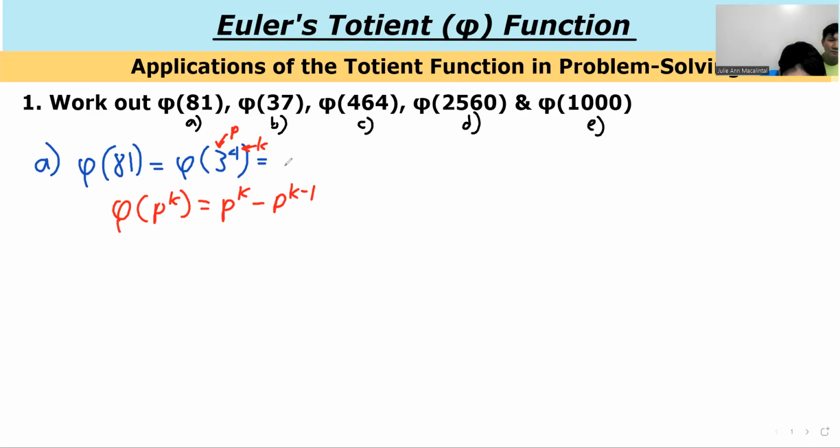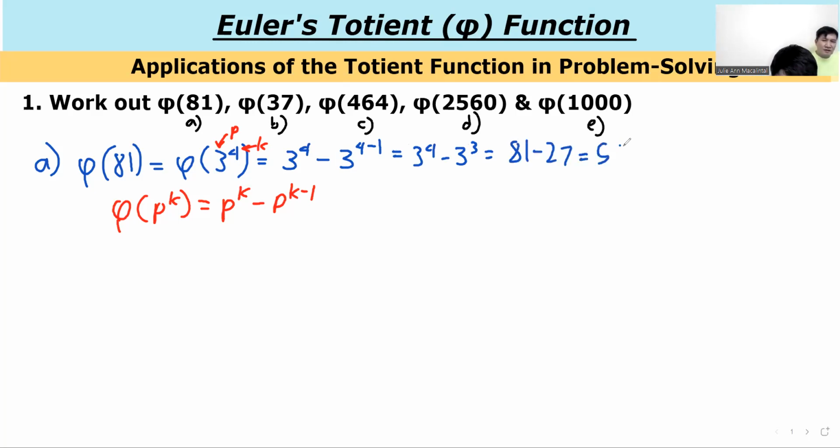So phi of 3 to the power 4 is 3 to the fourth minus 3 cubed, or 3 to the 4 minus 1. That is 81 minus 27, which is 54.